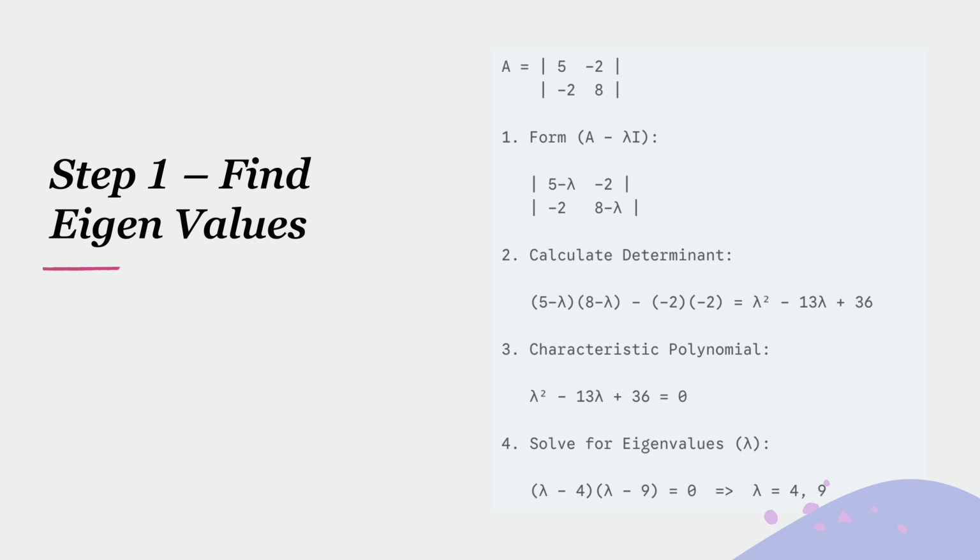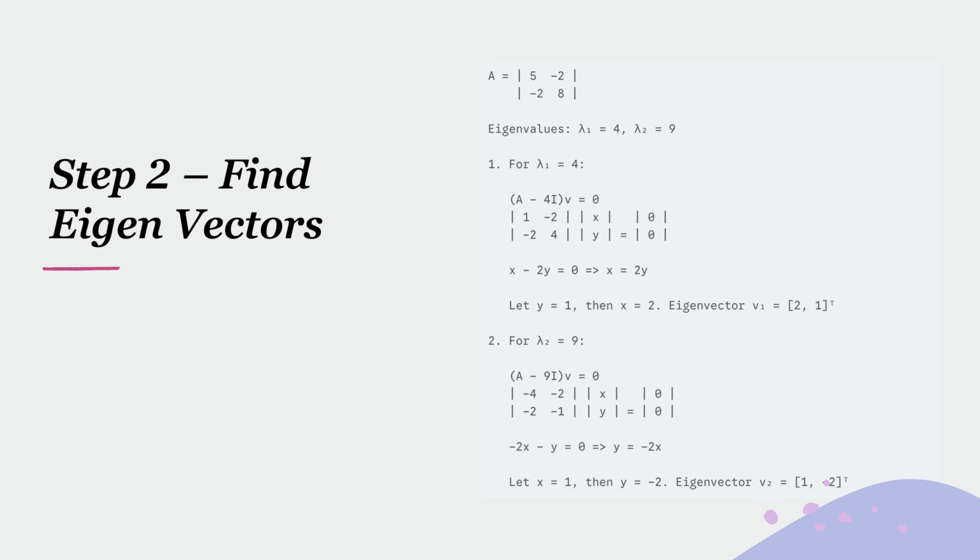Now we need to do eigenvectors, which is nothing but we substitute the values of lambda is equal to 4 and lambda is equal to 9 in the formula A minus lambda I, which we saw before. So we are substituting those values, which becomes A minus 4I times the vector is equal to 0.